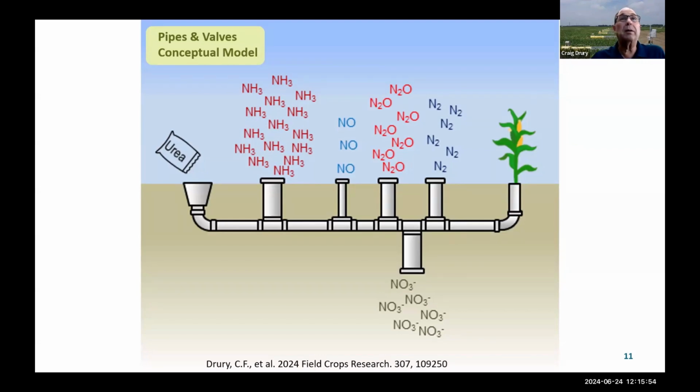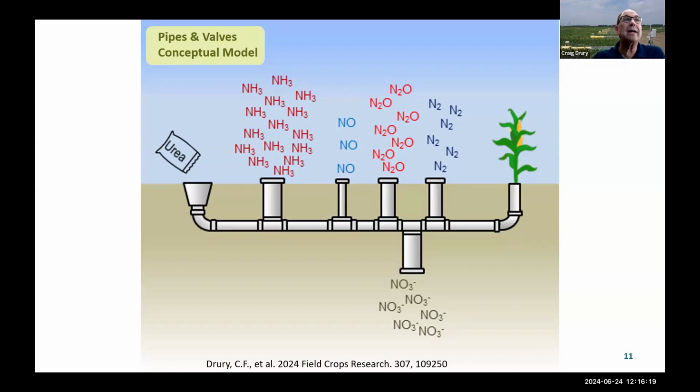So the plant at the end really gets the nitrogen that's left over after all the losses occur. If there's a lot of rain, at the bottom of the slide you can see nitrate coming out through the profile, and it may come out of tiles as well. Really, the plant is only able to use the nitrogen after all these losses occur.